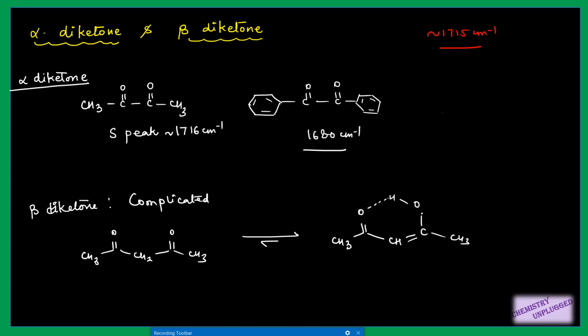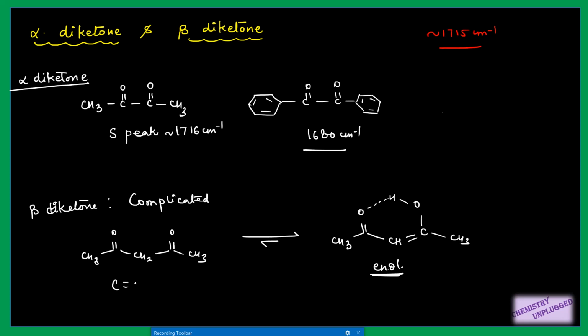This CO bond is developing single bond character, which means it will become weaker in nature, so the frequency should decrease, and it is also showing intramolecular hydrogen bonding type character. So this CO bond will also become weaker in nature. That is why you will have the frequency for the enol form at a lower range than the keto form.